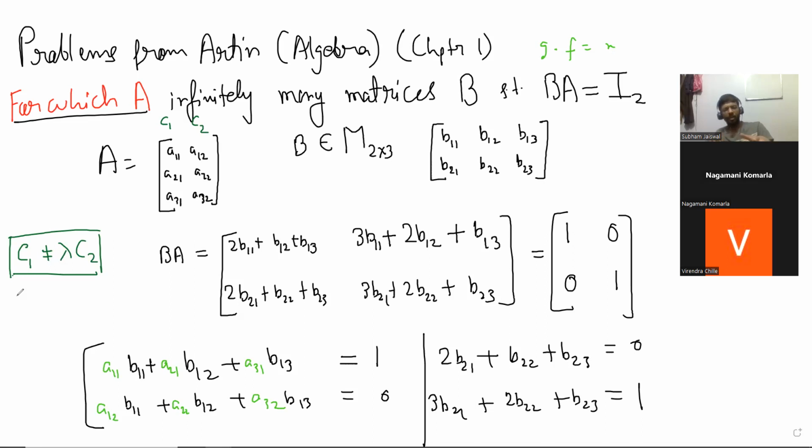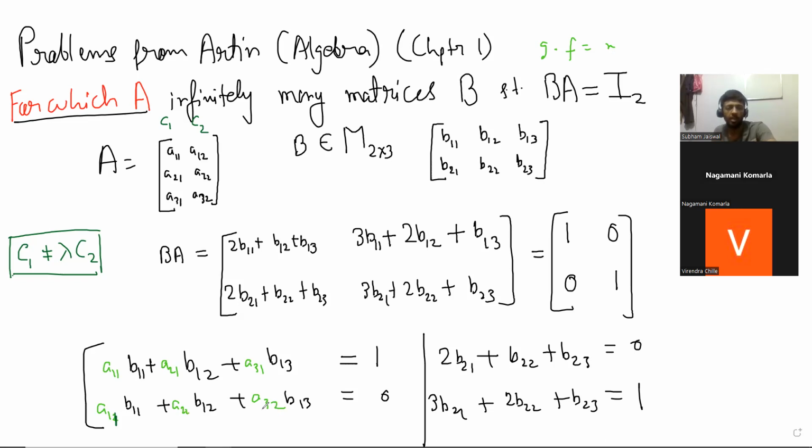So first of all, if such a lambda exists, if C1 is lambda times C2, then this equation is surely not consistent. Then this basically becomes this, and obviously it's not possible.